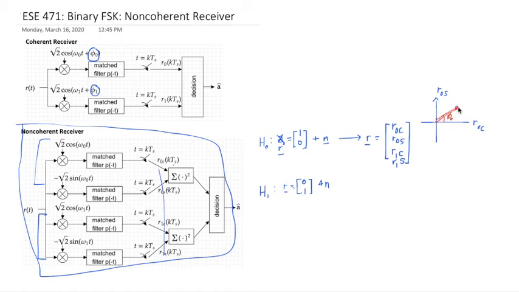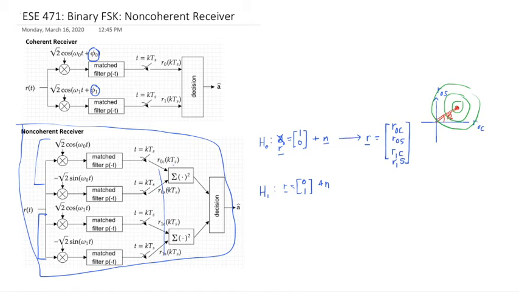The mean of the received signal is this magnitude, but the distribution around that magnitude is Gaussian. So I have a Gaussian bell-shaped curve coming out of the whiteboard centered at that point.